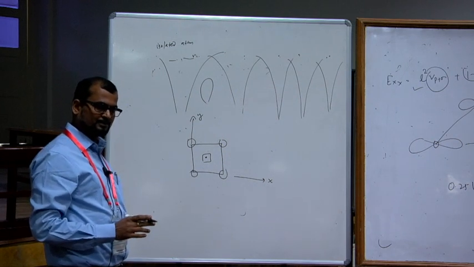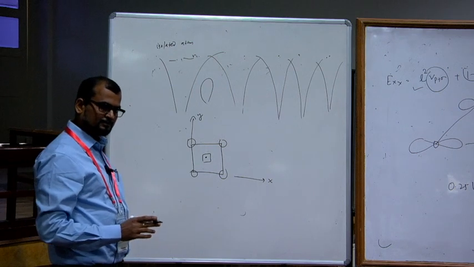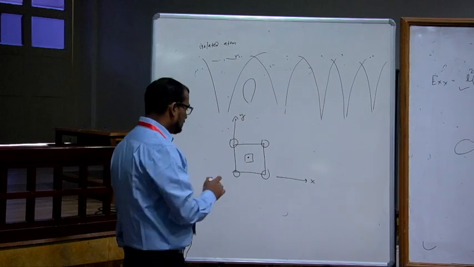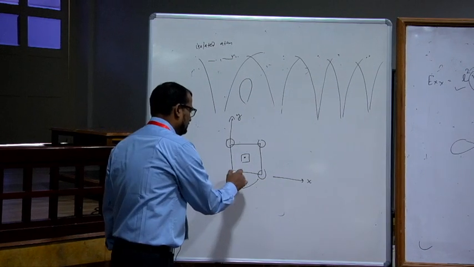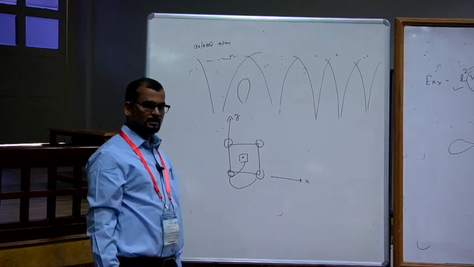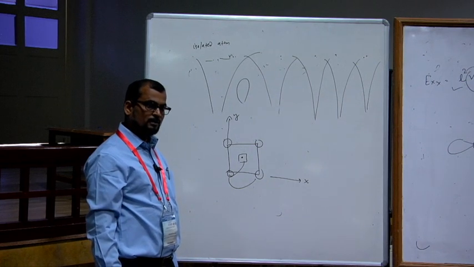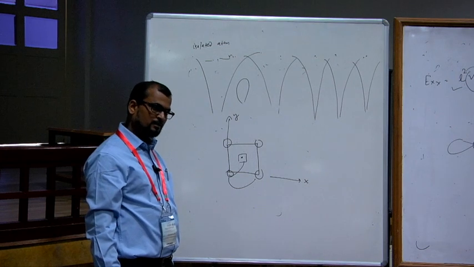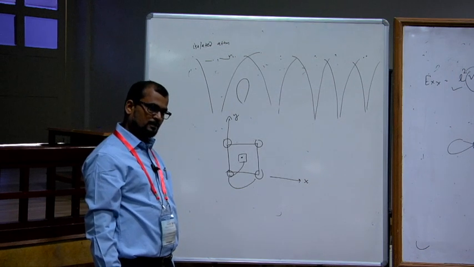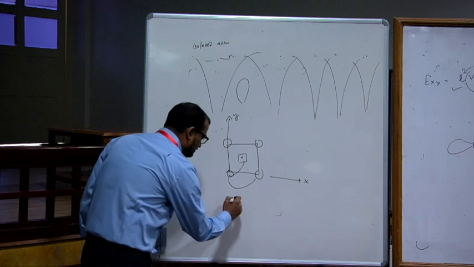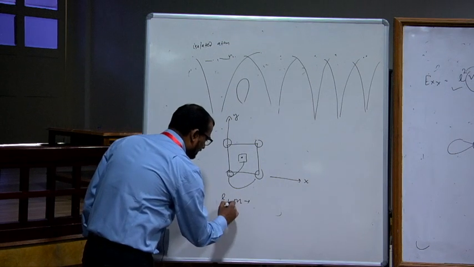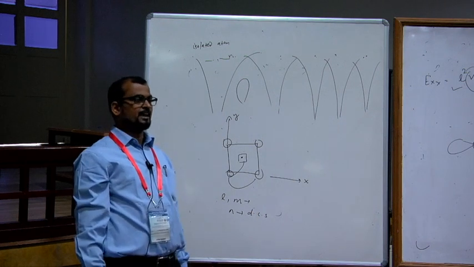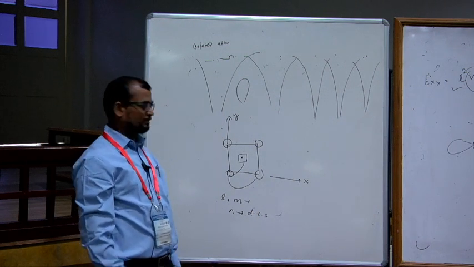If I have an s orbital and an x orbital, it matters whether the s orbital is here and the x orbital is here, or here. No, that is defined by this L, M, and N. Those are the direction cosines. These direction cosines will take care of that orientation.